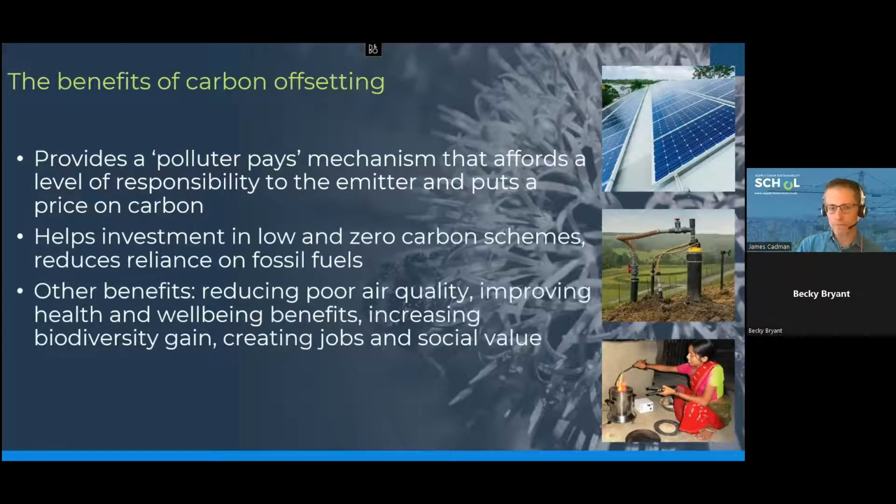There are other co-benefits as well. Like I was saying with the Landsec case study, it's not just about carbon. If you're burning poor quality fuels and you're putting in an offsetting scheme that moves to a lower carbon fuel or a cleaner fuel, not only are you reducing your carbon and avoiding certain carbon emissions, but you're probably also reducing air quality pollutants like NOx and PM. And that can lead to health benefits as well.